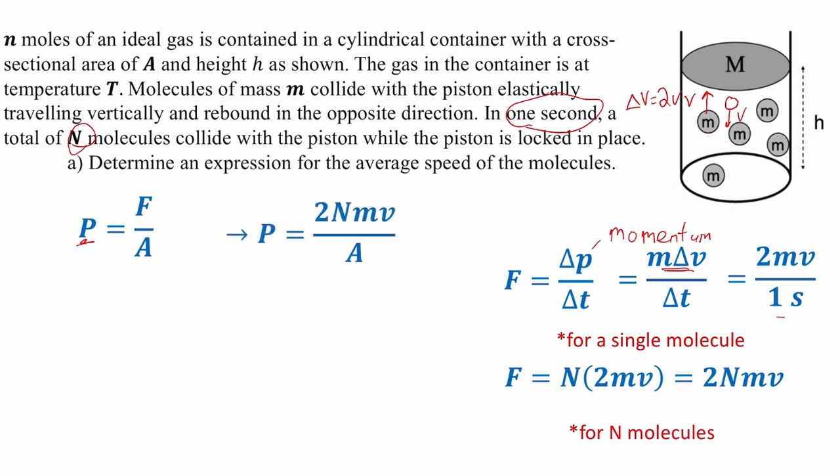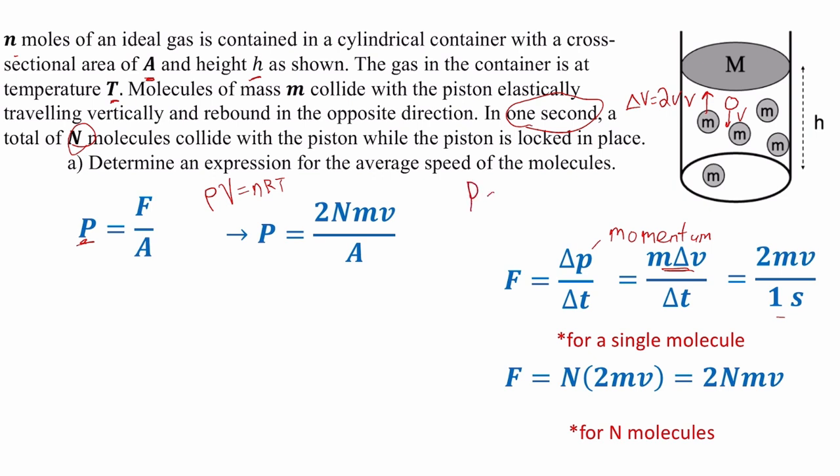Now I'm going to go back here and plug in the expression for force. Now for pressure, I'm not given the pressure P. I am given the dimensions of the container, as well as the temperature in the container and the number of moles. So I can use the ideal gas law, PV equals nRT.